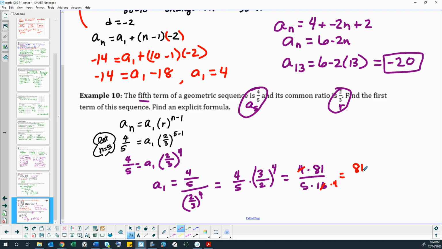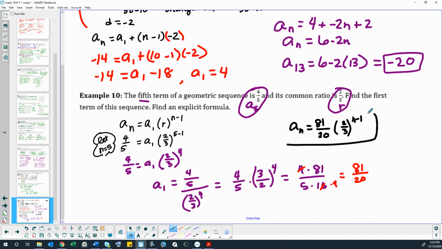So that would take us to 81 over 20. So that should be the first term, a sub 1, right? So that means that our formula would be a sub n equals the first term, 81/20 times 2/3 to the n minus 1 power.